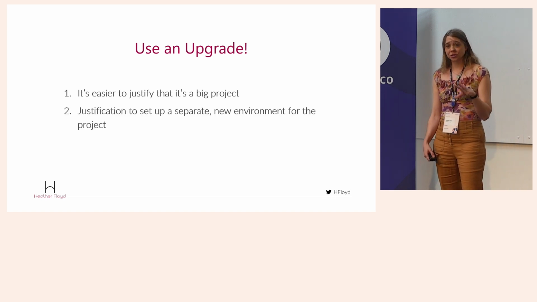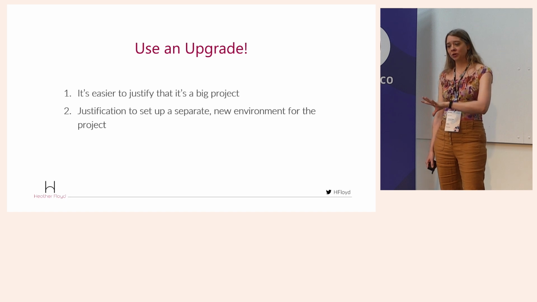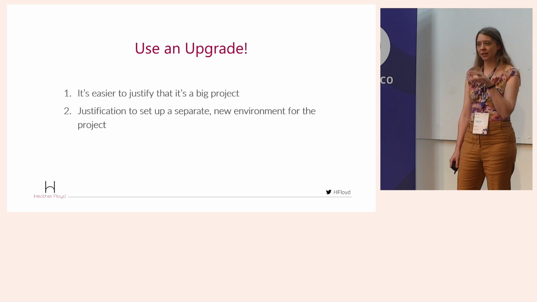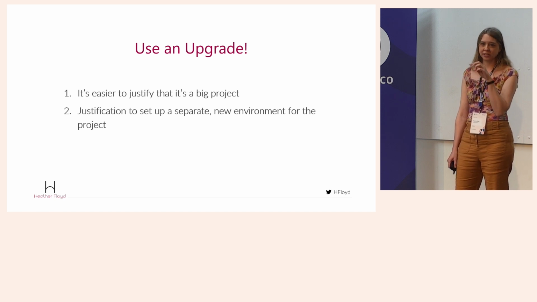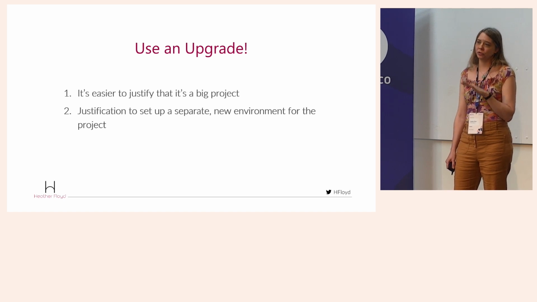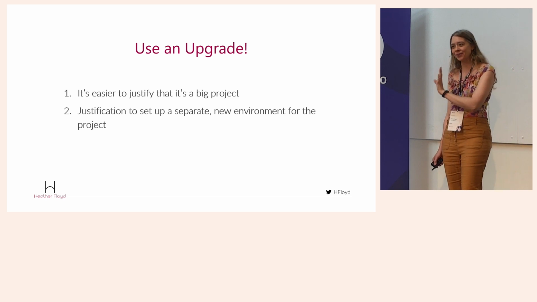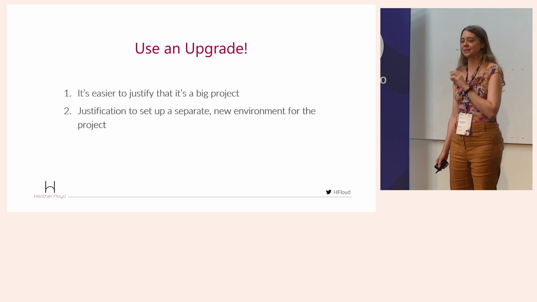And it's also another justification to set up a completely separate environment to do this project, which is a really good idea, even if you're not technically upgrading, because you're going to make a mess by moving things around and potentially deleting things, and you're going to have to rejigger certain bits of code. And it's going to look like a mess at certain points. You do not want to do this on your live site, people. I don't have to tell you people this, but there are others who have tried to clean things up on a live site.